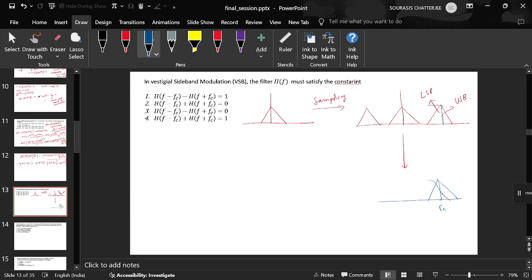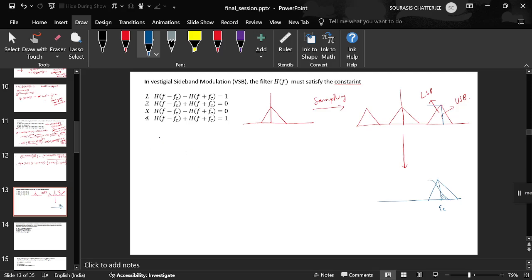So you'll have this part, this is the vestigial part. If you are willing to pick the lower sideband, you actually have some vestigial part of the upper sideband also, because your filter practically doesn't have a sharp cutoff response. It usually has a gradual behavior over a finite width. So that's what vestigial sideband modulation is.